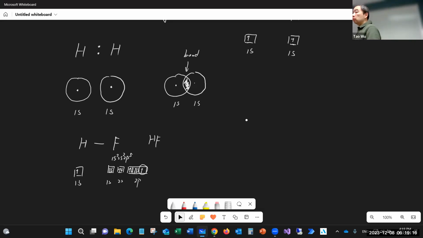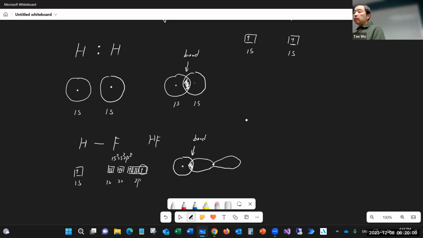It would like to pair another electron to make it stable, making those fully occupied. Hydrogen can offer one of its electrons, so those two can pair together. In this case, this overlap is between the s orbital and the p orbital. So that's why the s orbital and the p orbital can also overlap together, and this makes another bond. It makes sense, right?